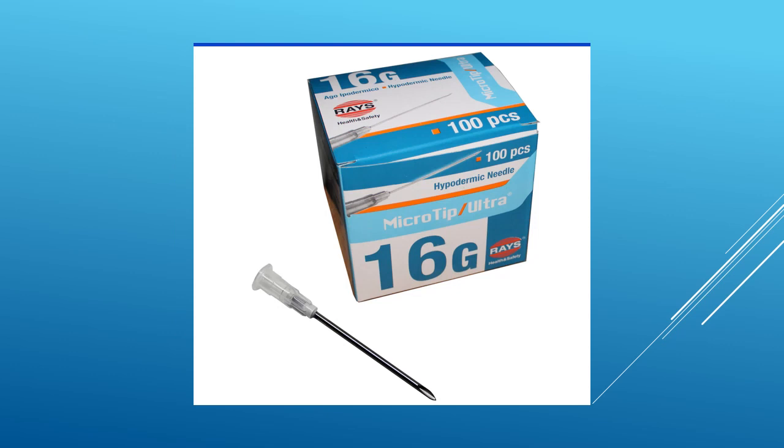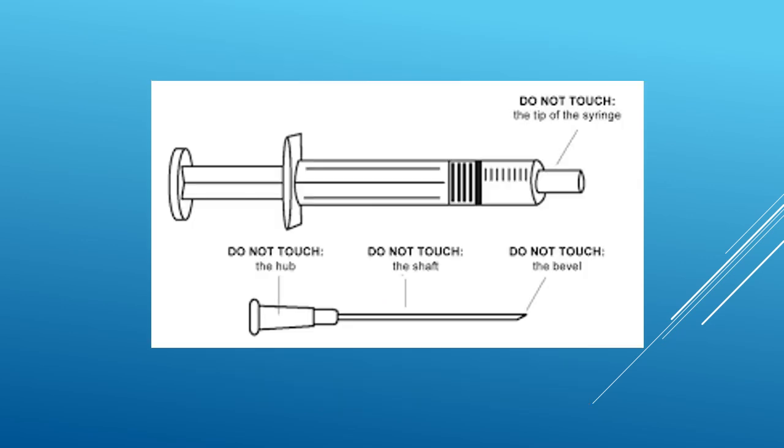Use a 16G needle to draw out contrast from the glass bottle. It is a very easy way to do it instead of using the 20G needle which commonly comes with a syringe. And do not touch these parts of the syringe or the needle with your bare hands.